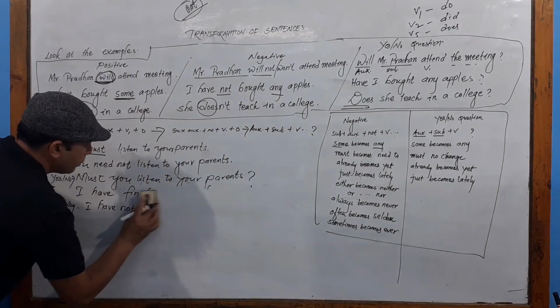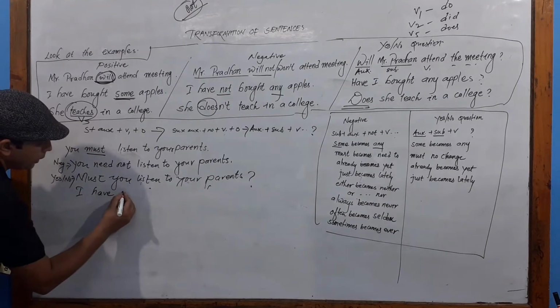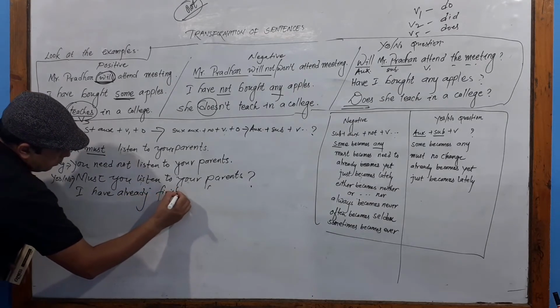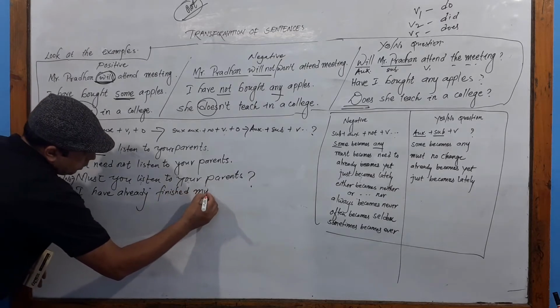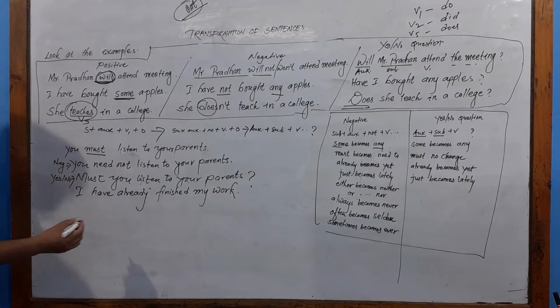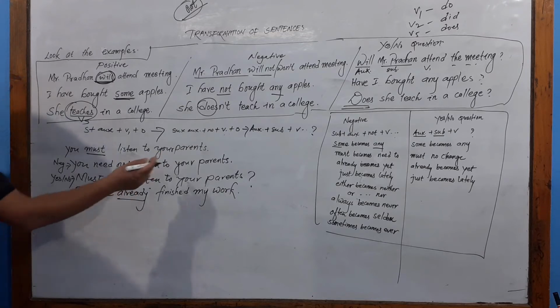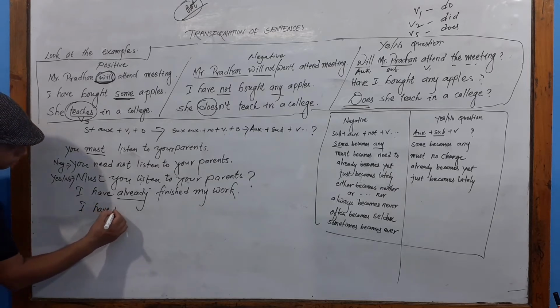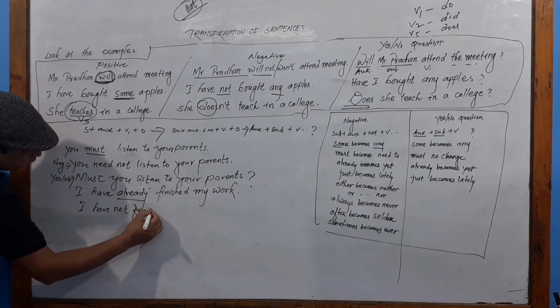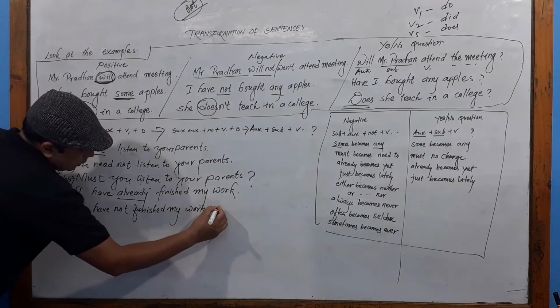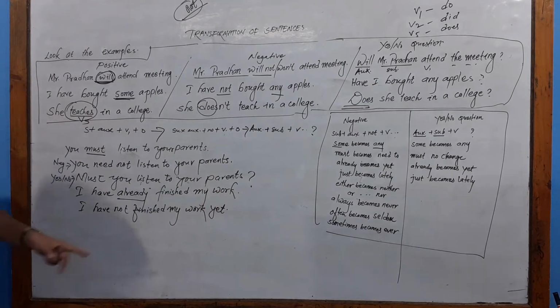I have already finished my work. If the sentence is like this, we cannot directly change 'already' into 'it', because 'at' place is always at the last of the sentence. So I have not finished my work yet. 'Yet' is written last.